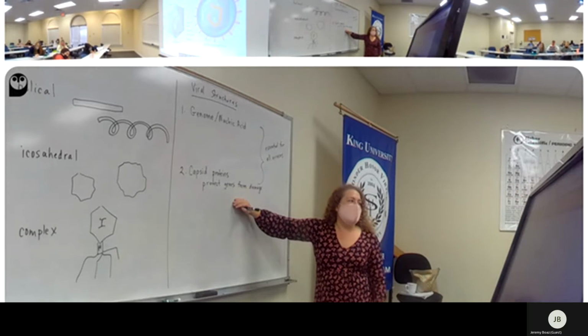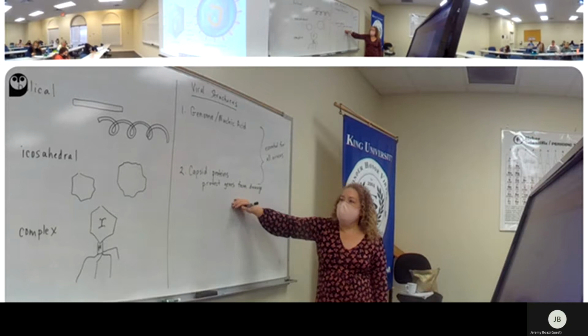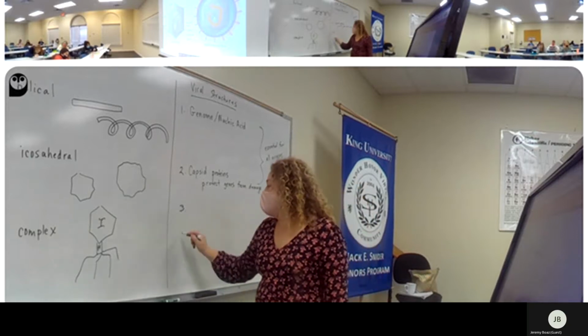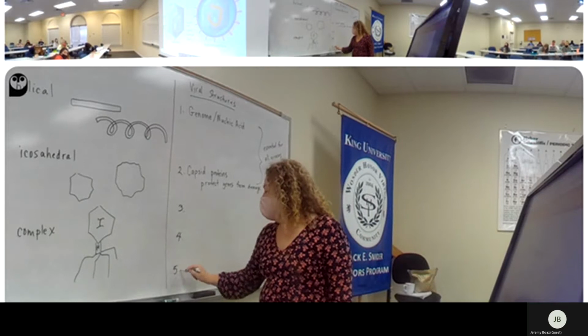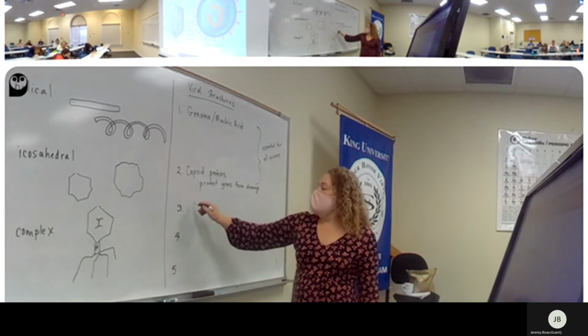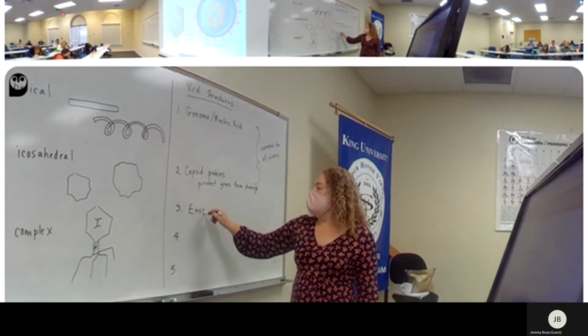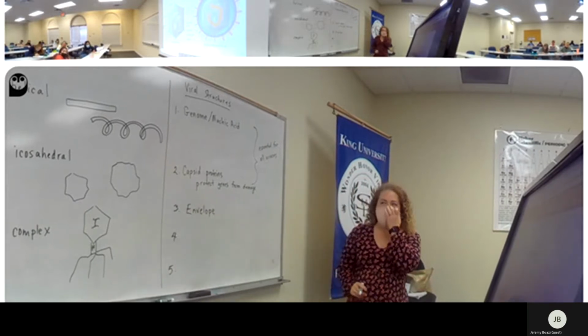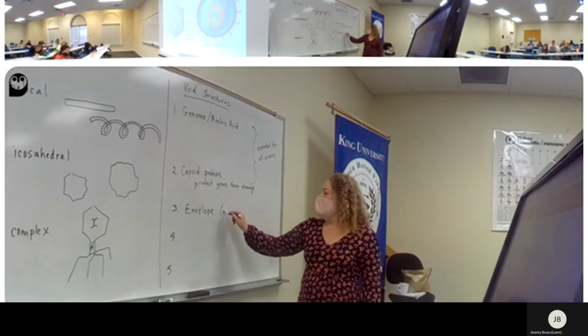Some viruses, that's all that they are. That's it. Just those 2 parts. And then there are 3 other structures that are possible. Third structure is called envelope. Some viruses would have this structure called envelope.